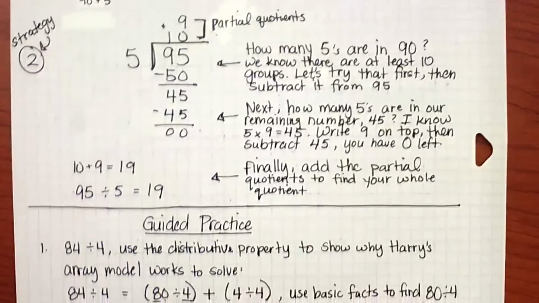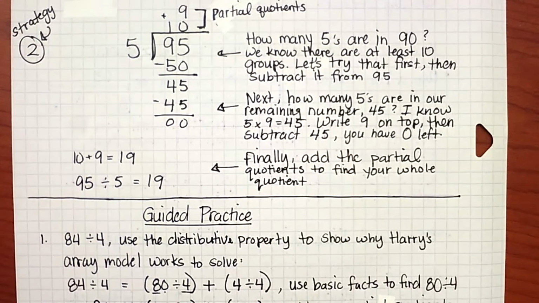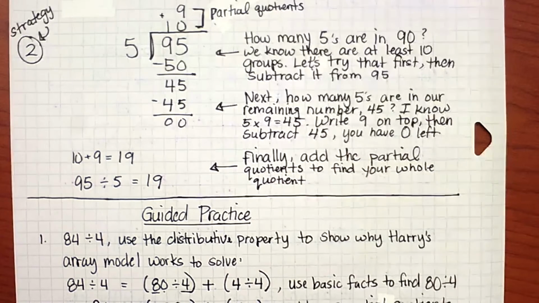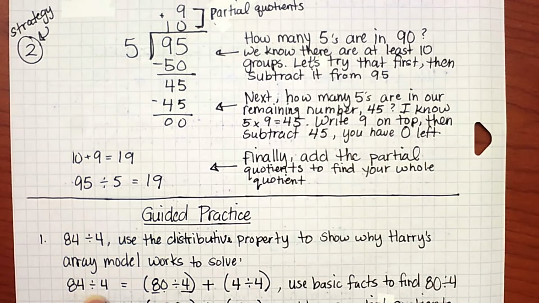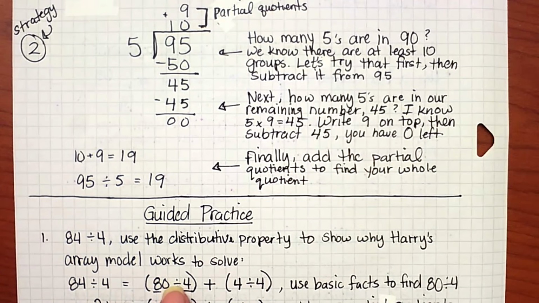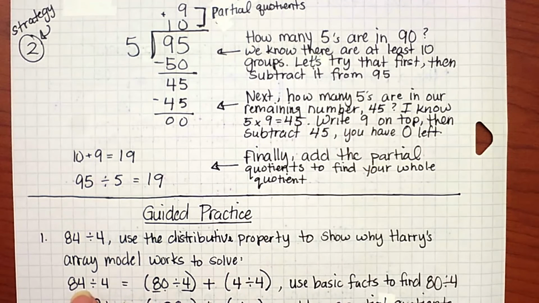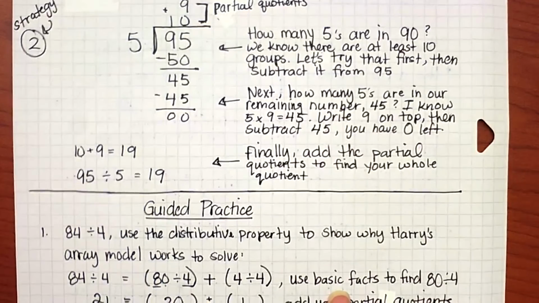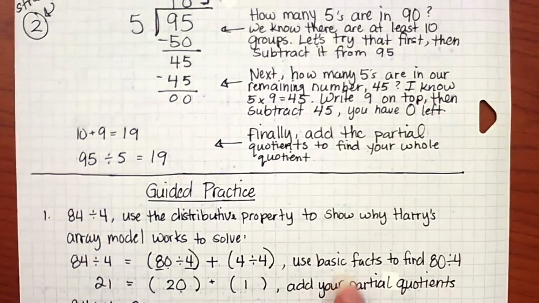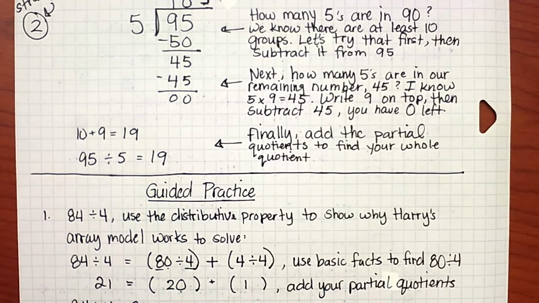Well, 84 divided by 4, he broke it up using the distributive property. So he broke it into its place values. 84 divided by 4 becomes 80 divided by 4 plus 4 divided by 4, because we broke that 84 into 80 plus 4 more. So first, we're going to use our basic facts to find out what 80 divided by 4 is.